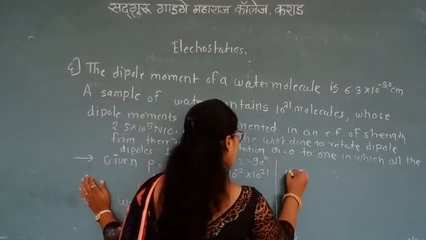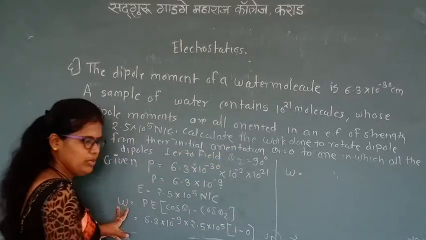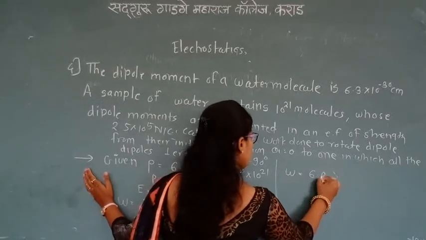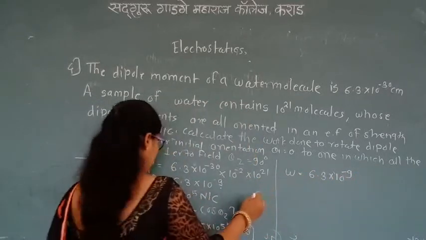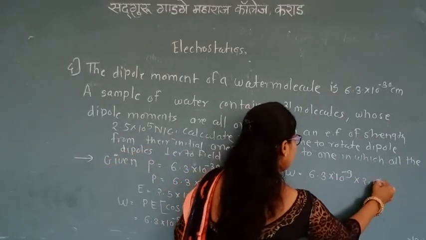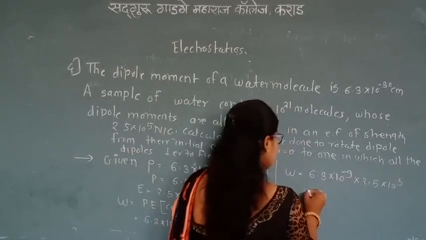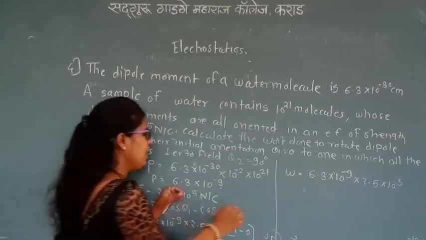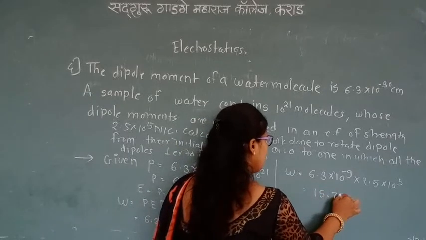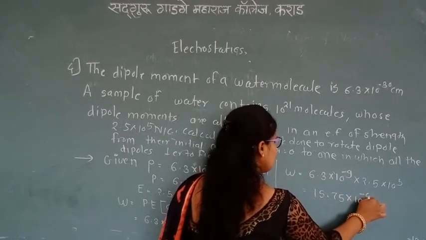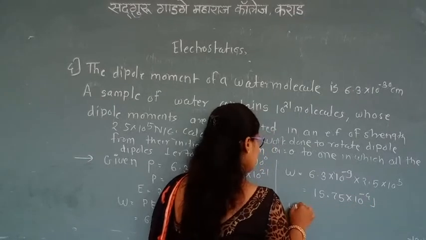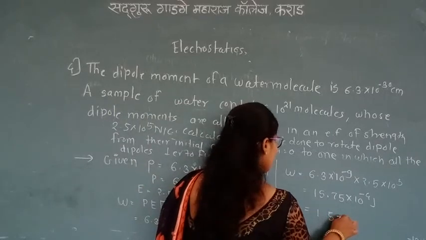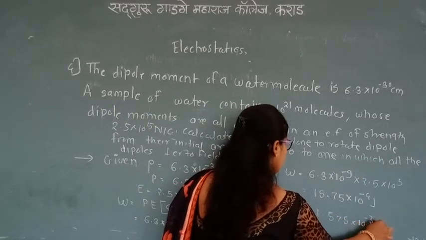Therefore by using a log table we can easily calculate the value of the work done. We get 6.3 into 10 raised to minus 9 into 2.5 into 10 raised to 5. By using this log table we get the work done as 15.75 into 10 raised to minus 4 joule. And one more answer, converting, 1.575 into 10 raised to minus 3 joule.